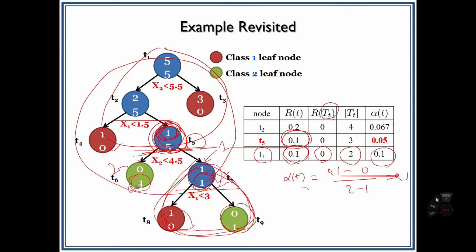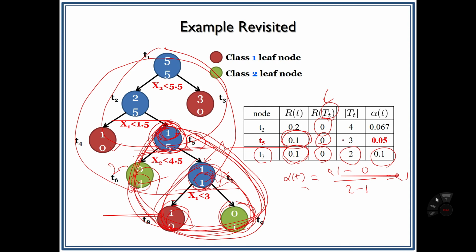The misclassified objects by this lower part is 0, there are no misclassified objects, so it's still 0. So at the initial stage of pruning, all of these values are 0. And the leaf nodes of this lower part are 1, 2, 3, so this value becomes 3.